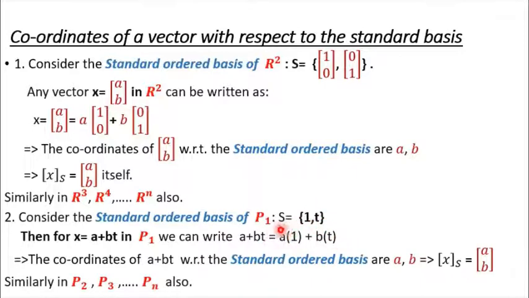Then what are the coordinates? a, b. That means the coordinates of a + bt with respect to the standard ordered basis are a, b itself, and its coordinate vector will be the column vector (a, b). Similarly P2, P3 and so on, Pn also.